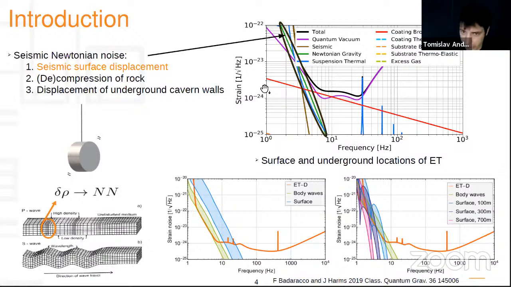As Professor Harms mentioned yesterday, seismic Newtonian noise from surface waves at the surface is dominating. But as you can see on this plot, if we go a few hundred meters underground, this contribution decreases. Of course, we will still have to find a solution for body waves.